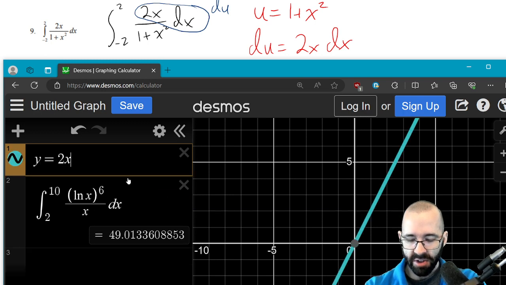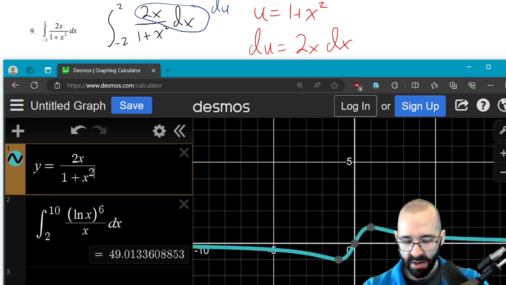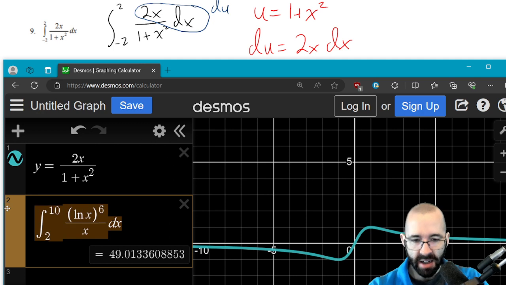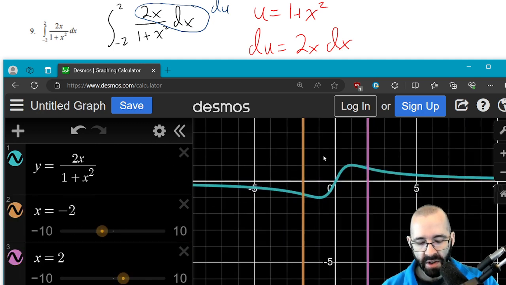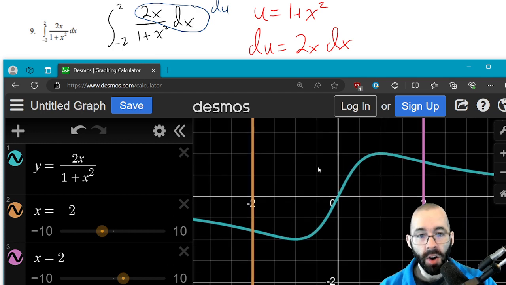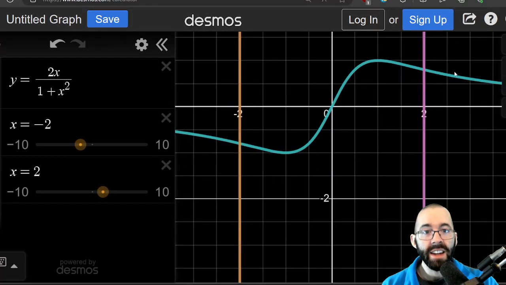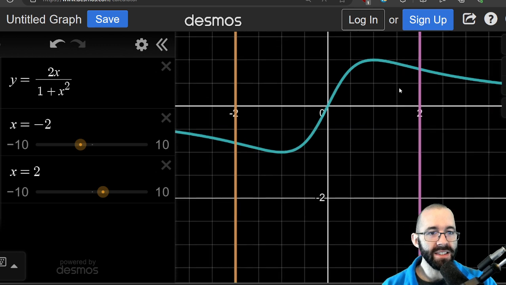Well, let's graph the function. From -2 to 2 is the area. Oh, it's the signed area between these two lines. So it's this positive area minus this negative area, or plus this negative area.